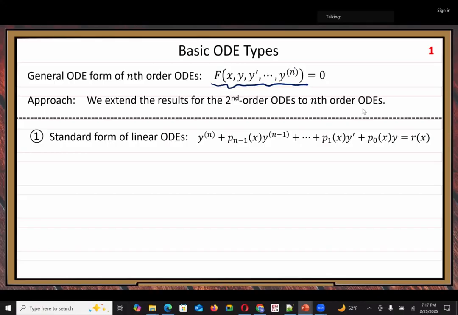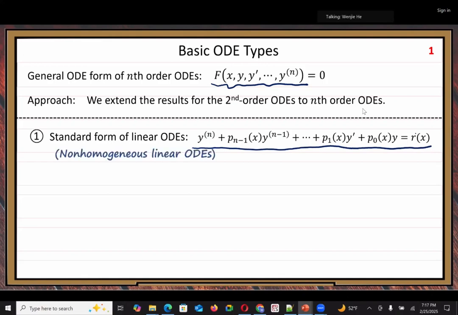So in order to get a linearity property, we use the specific form like this. The standard form is a non-homogeneous linear ODE.